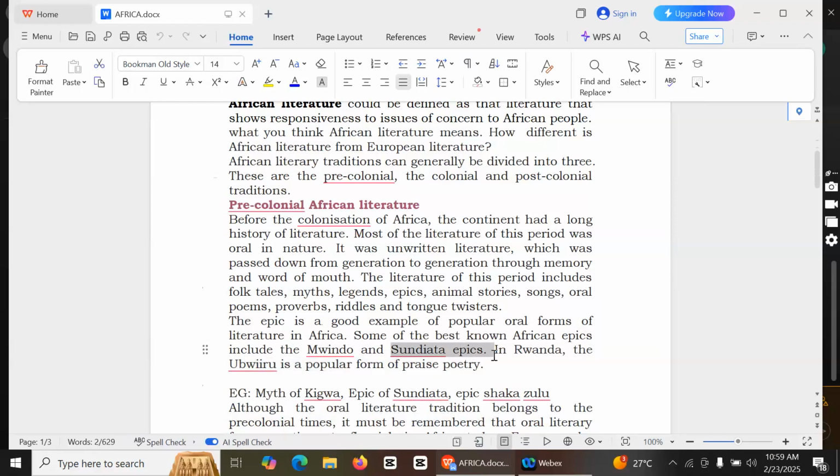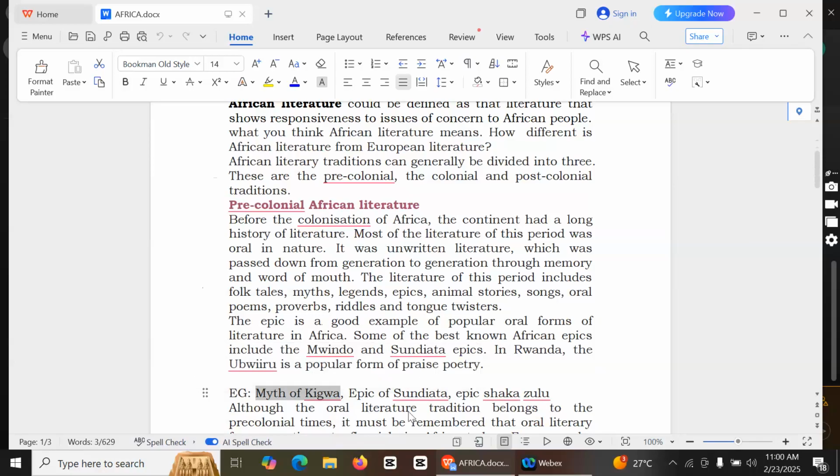In Rwanda, we have Ubwiru. These Ubwiru are praise poetry. Also in Rwanda, as an example, we shall read the myth of Kigwa. This is the myth of how Rwanda expanded from a small area to a big country. As you can see, we have examples of epics: the Epic of Sundiata, and also the Epic of Chaka Zulu in South Africa.